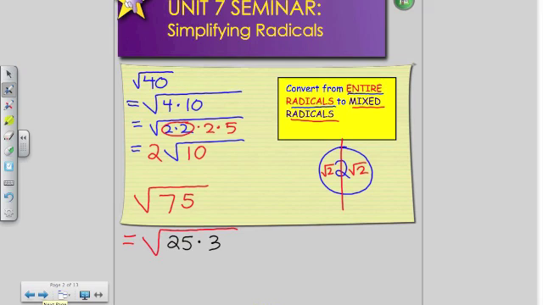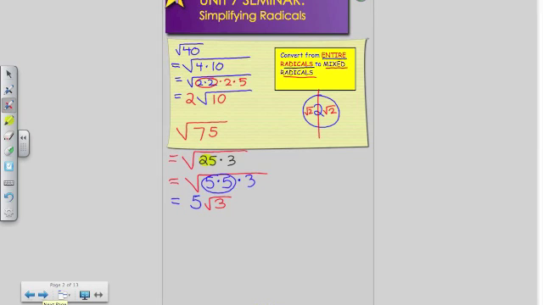Now, the only number that's not a prime number is the 25, so we can break down the 25 into 5 times 5. So I have 5 times 5 times 3. The radical 5 and radical 5 make the whole number 5. And I'm left with root 3. And that's my final answer.